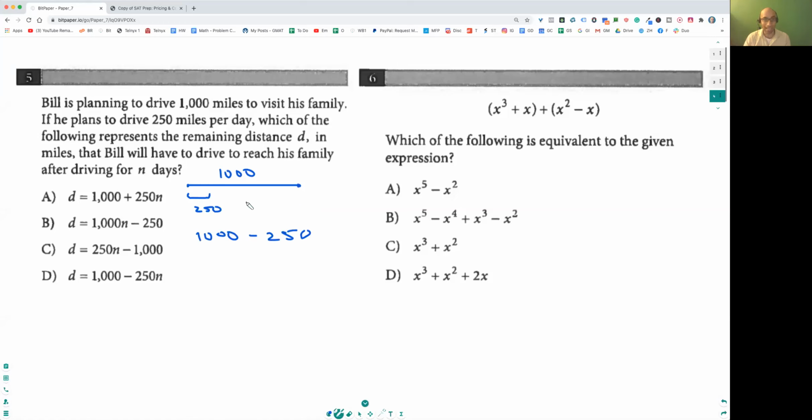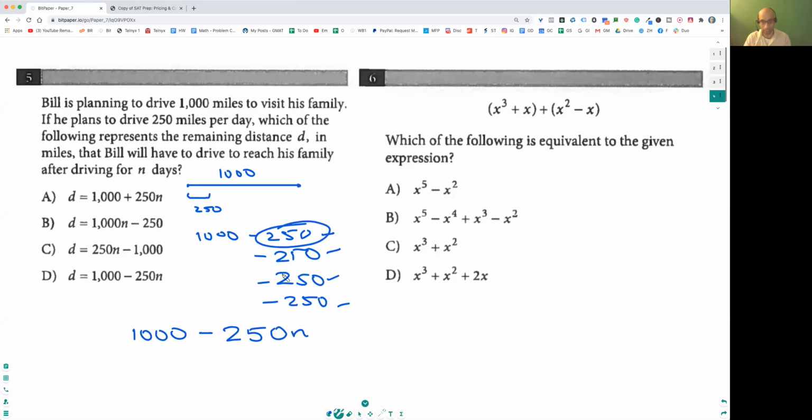Then the second day, it's another 250, and the third day, another 250. Remember that example I told you before, like Jim had some amount of money and then he gets some more. Here, the amount is being removed. Every single day, 250 is being removed. That's why the answer is 1,000 minus 250n, where n is the number of days. It just gets subtracted.